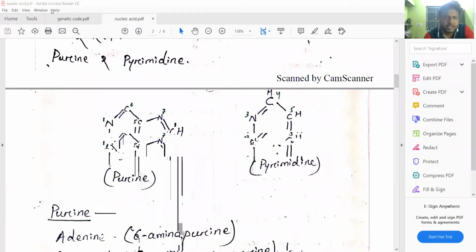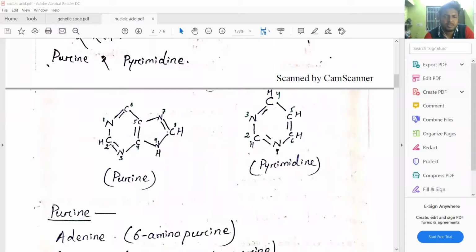This one is a purine base. It contains one benzene ring and one polycyclic ring, and pyrimidine has only a simple ring. You can number the purine: N1 starts, 1, 2, 3, 4, 5, 6, and again 7, 8, 9.